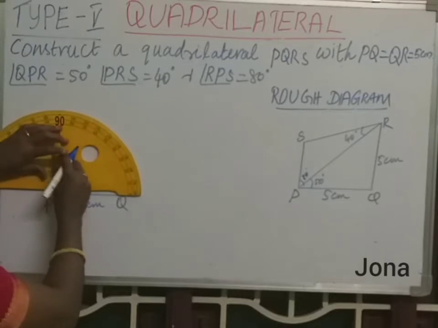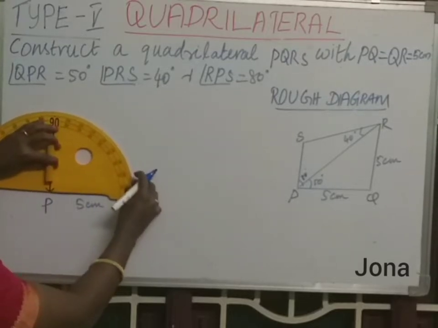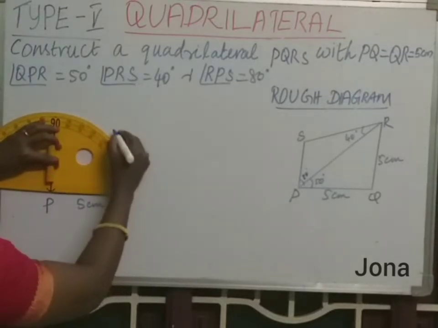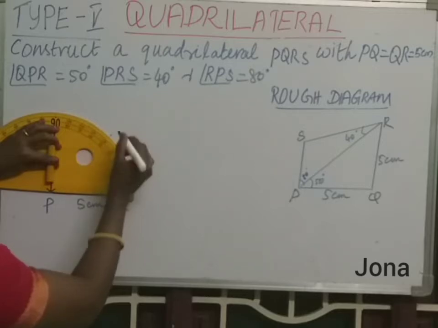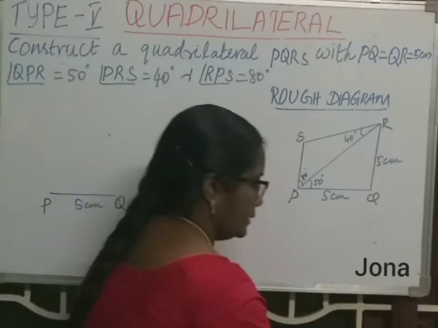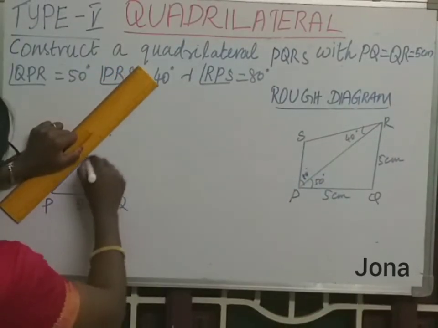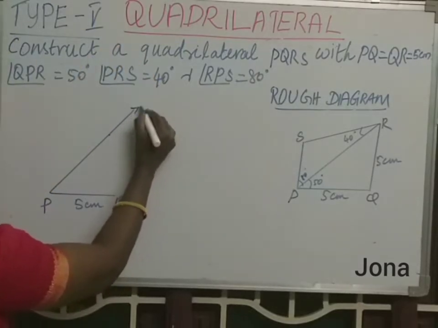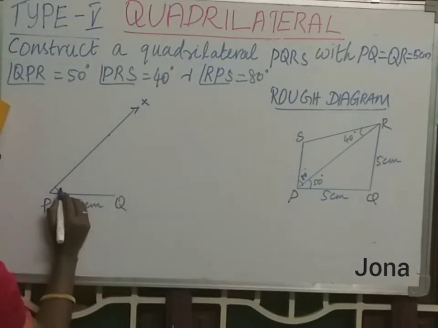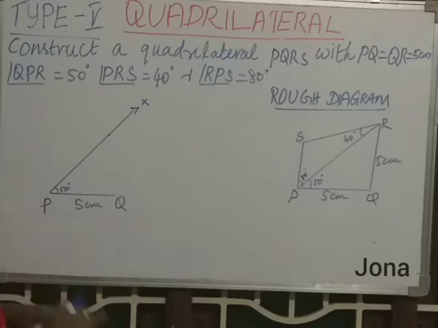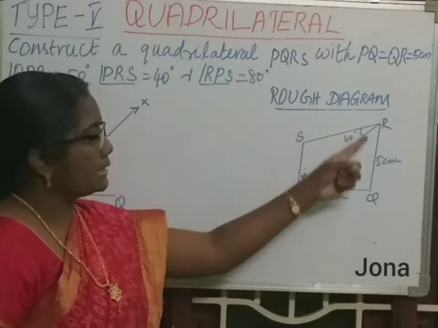From P I want to take 50 degree. So 50 degree is here. Now take this 50 degree, join this and draw a ray for this. Name this as X. This is 50 degree.